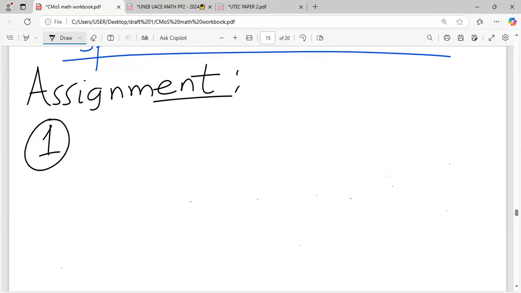Question 1. I will not put the years. Most of you have solution books, so you may end up copying.